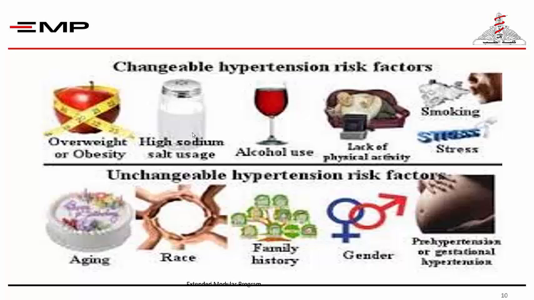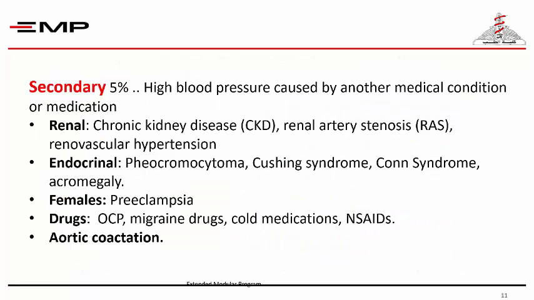The modifiable risk factors include obesity, increased salt usage, alcohol abuse, smoking, stress, and sedentary lifestyle. Unmodifiable risk factors include race, black race, aging, positive family history or genetic factor, gestational hypertension, and gender.